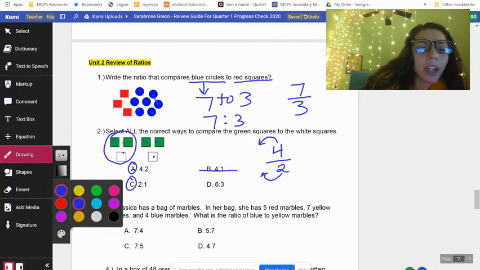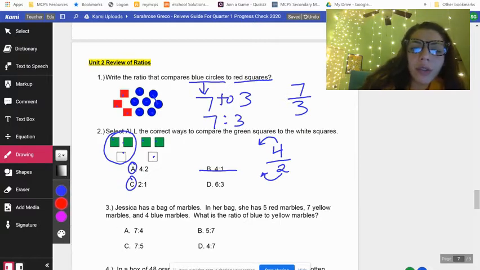Let me pick a different color. So if I do 4 divided by 2 and 2 divided by 2, I get an equivalent ratio fraction. 4 divided by 2 is 2, and 2 divided by 2 is 1.